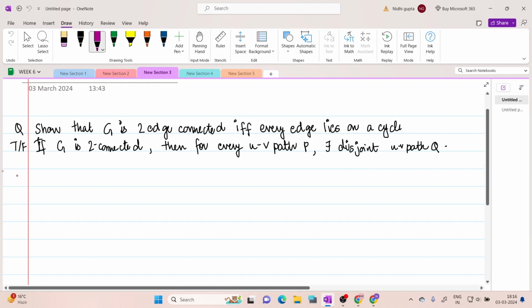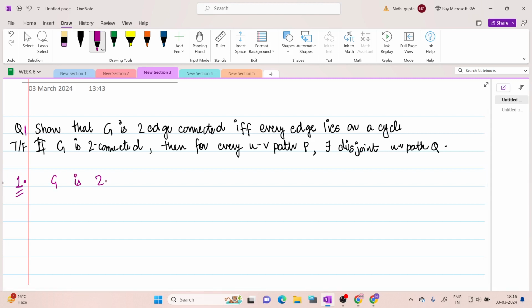So let's try to prove this. Basically we have that G is 2 edge connected. Then we have to show that every edge lies on a cycle.